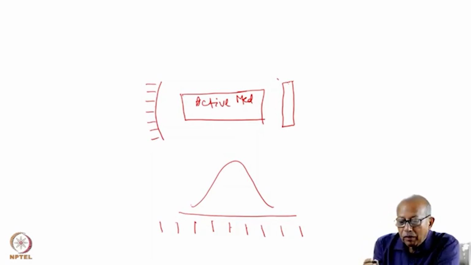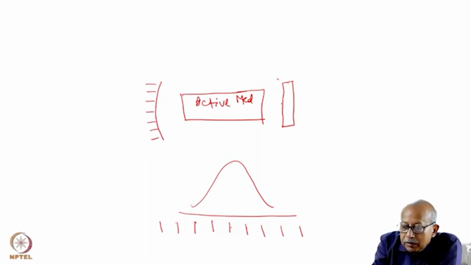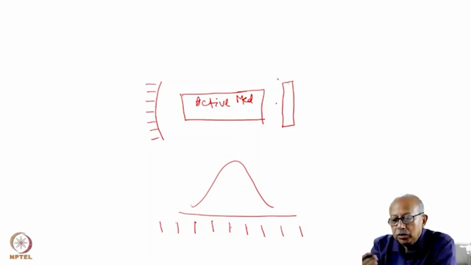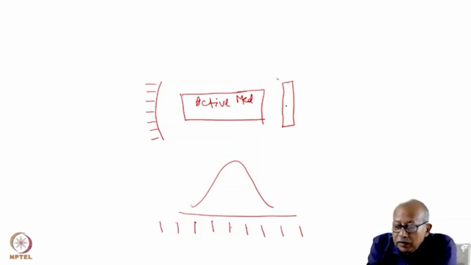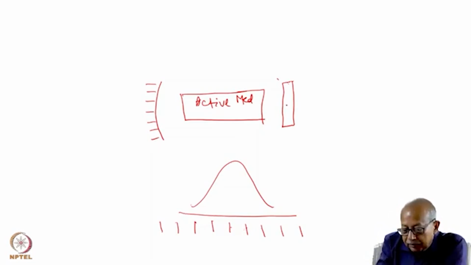Now, this mirror shows a transmission loss which is 92%. So the loss is quite high. And as this loss is independent of the frequency of the cavity modes, this loss can be represented as a straight line parallel to the frequency axis.